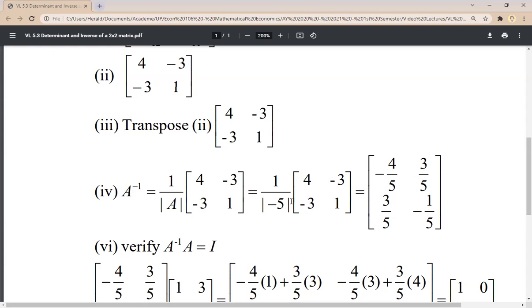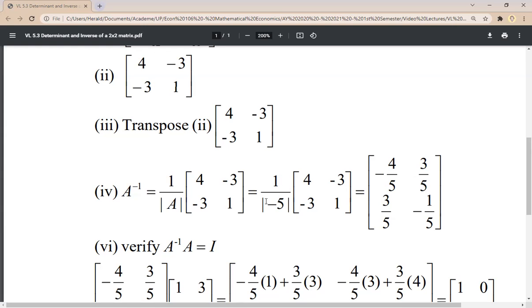Now what happens? 1 over -5 would be a scalar. Okay, so again, what is a scalar? It is a special type of number. You will need to multiply that scalar to every element in the matrix.